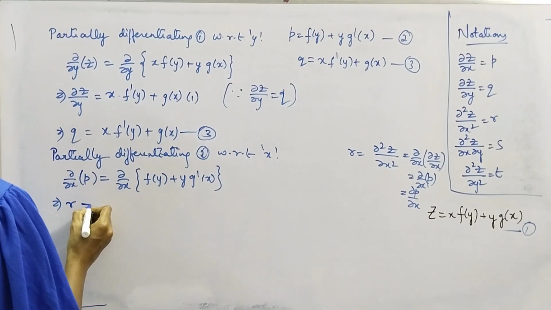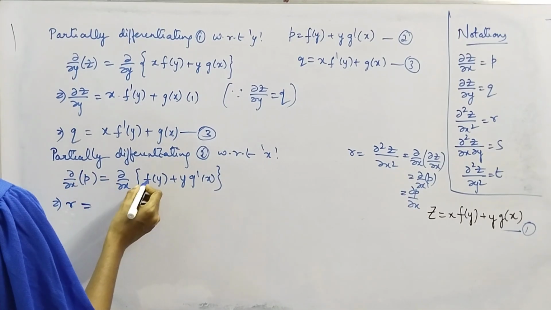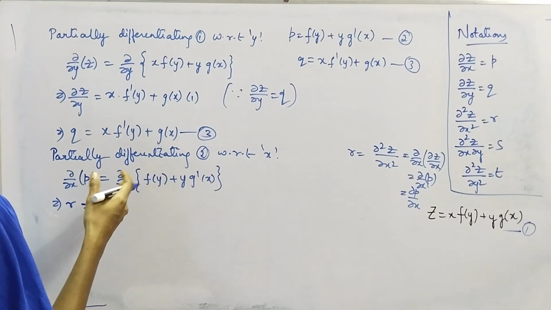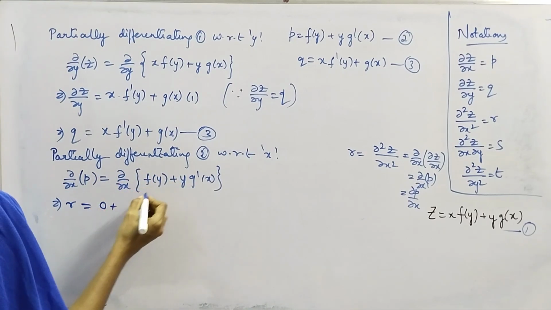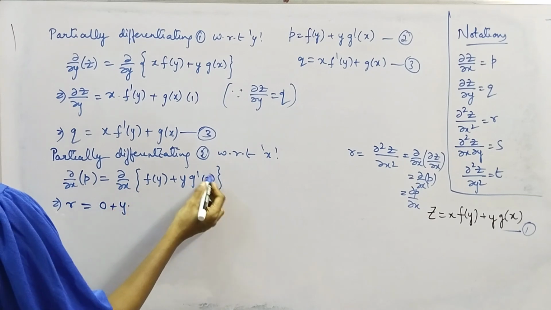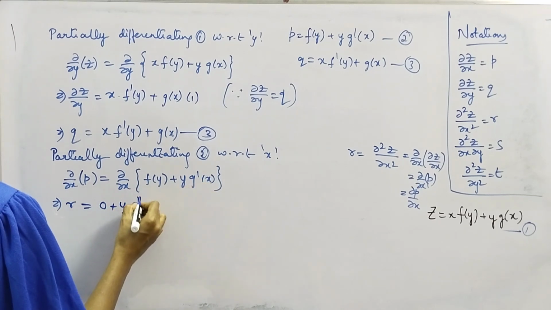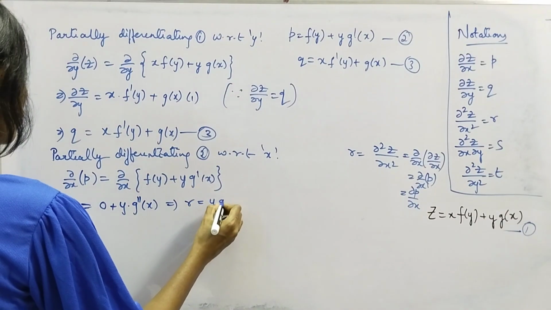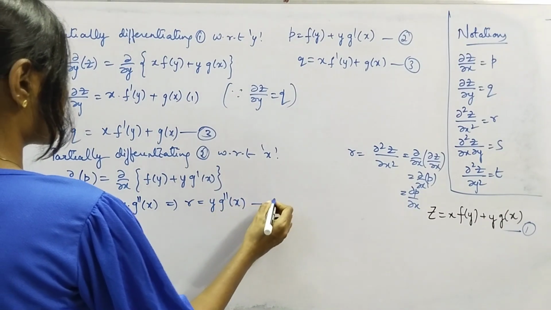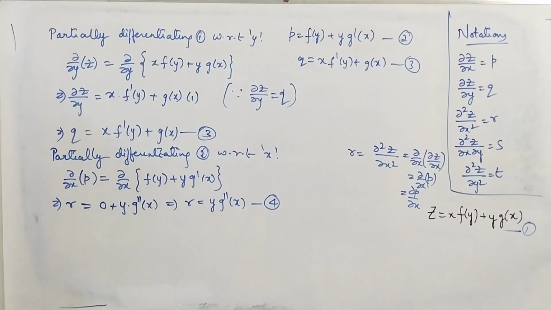R equal to, here we are partially differentiating with respect to x, so treat f of y and y as constants. So partial derivative of a constant with respect to x is 0, plus constant into partial derivative of g dash is g double dash. This gives us r equal to y into g double dash of x. Consider this as equation number 4.